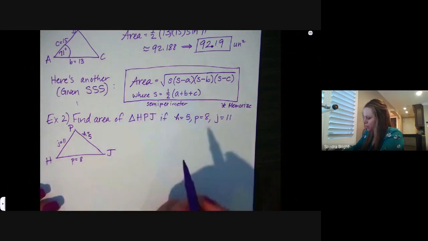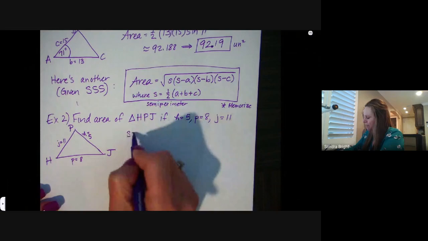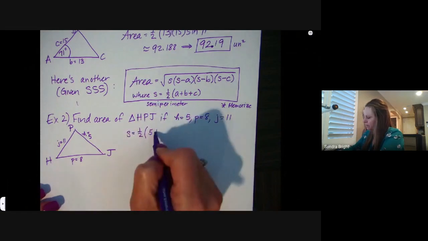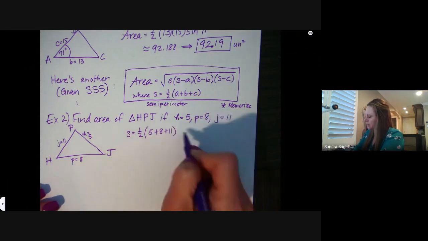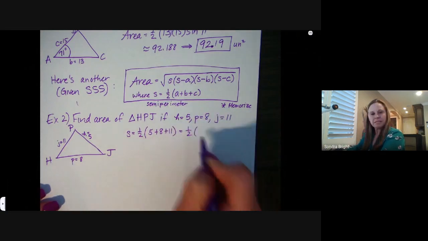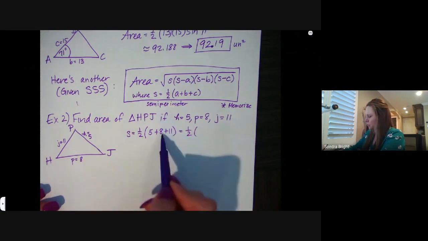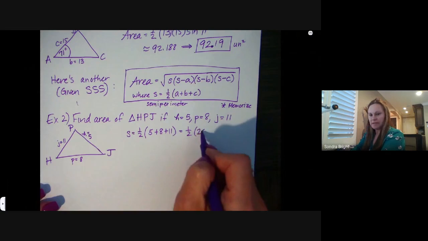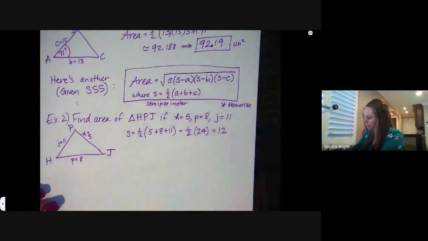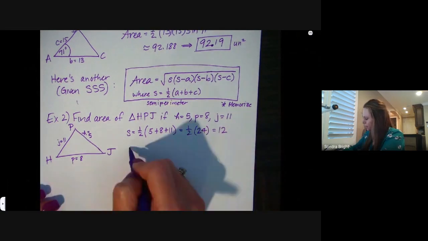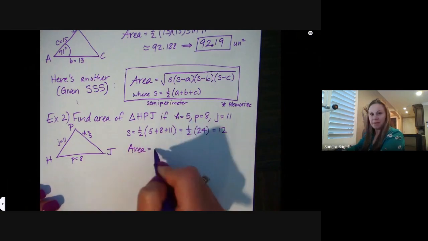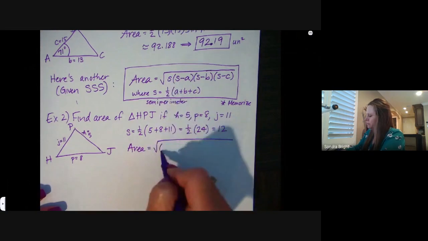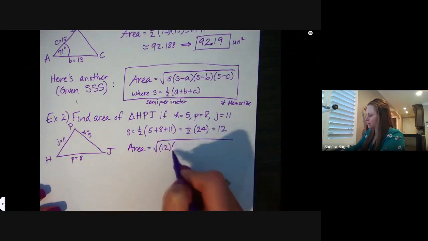All right, so let's first start by finding the semi-perimeter. The semi-perimeter will be 1/2 of, add the three sides together. So 5 plus 8 plus 11. So what does that give you? 13 plus 11, 24. And so the semi-perimeter is 12. And so now your area will equal square root of, it's semi-perimeter first, so 12 times the semi-perimeter minus each of these guys.